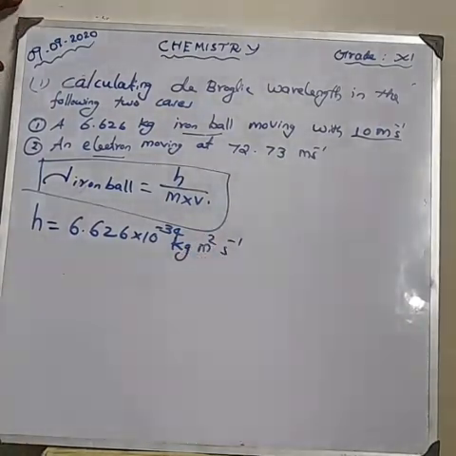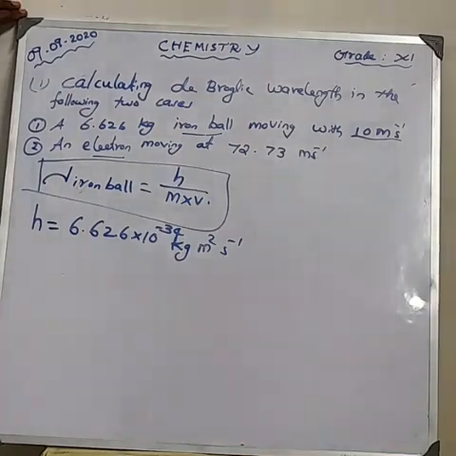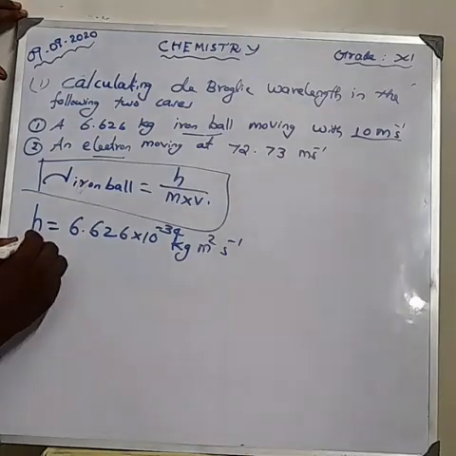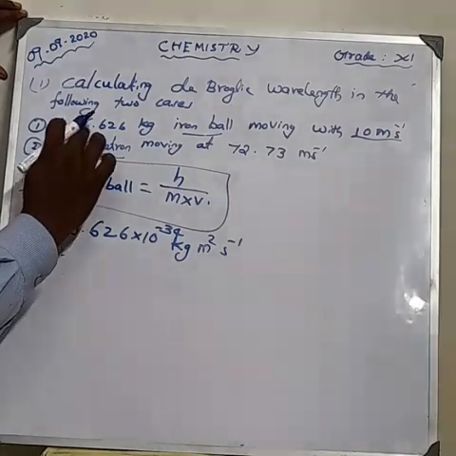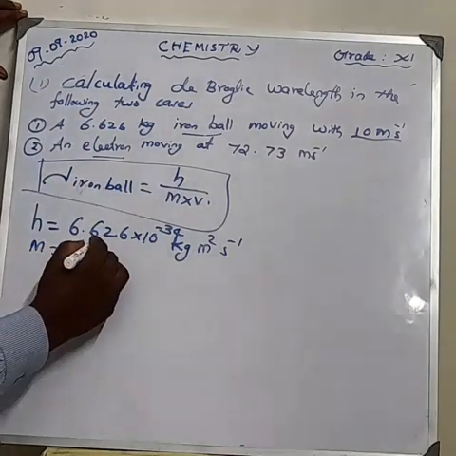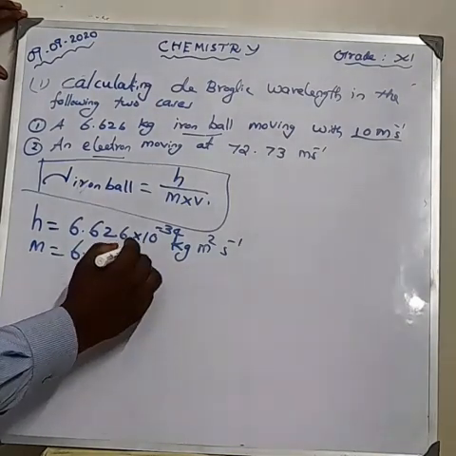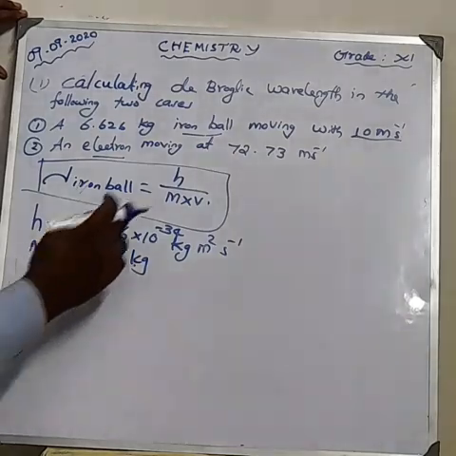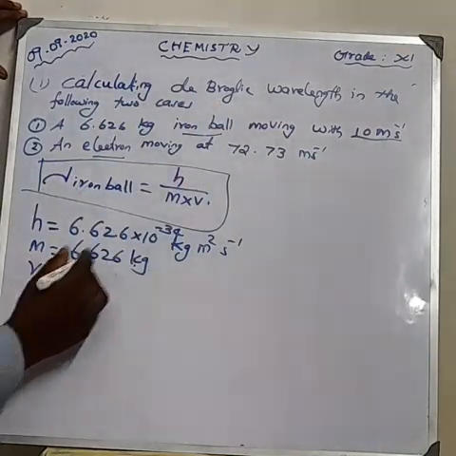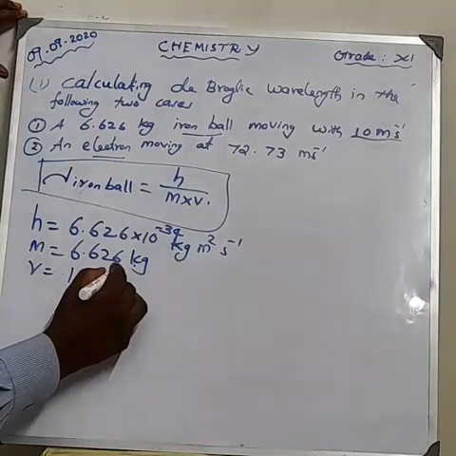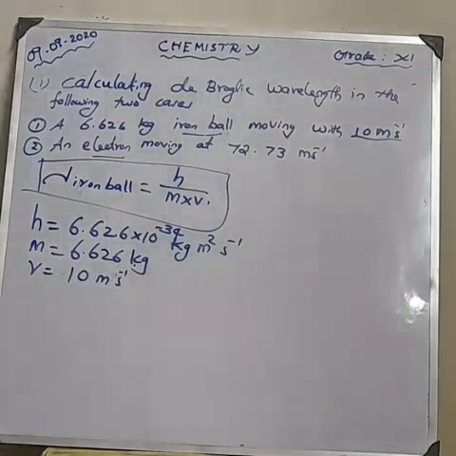The value of m is 6.626 kilogram, and velocity v is 10 meter per second. H is the constant value.